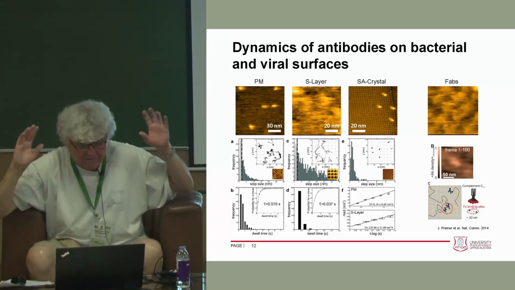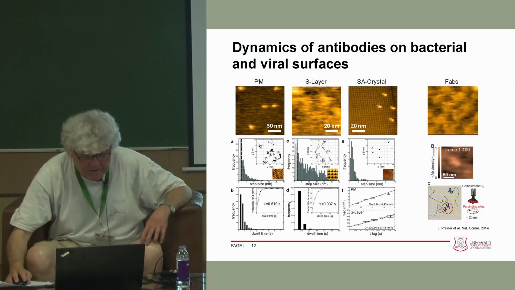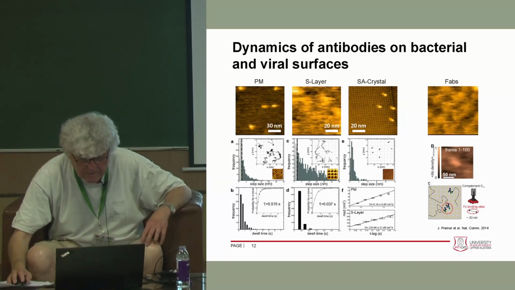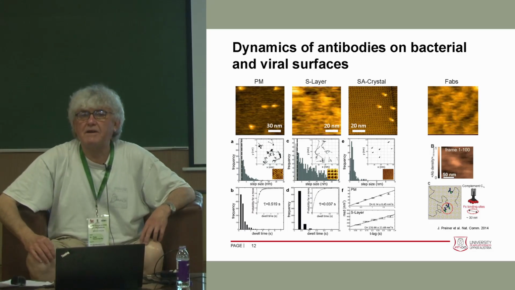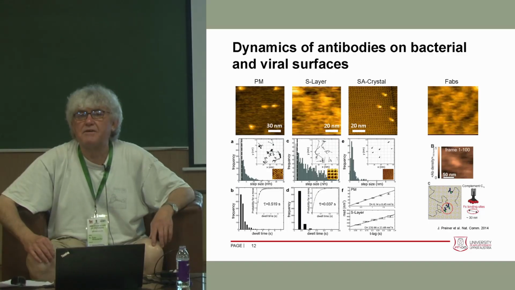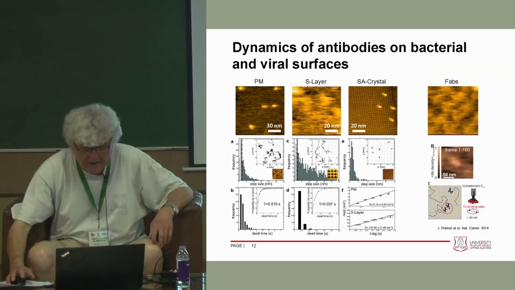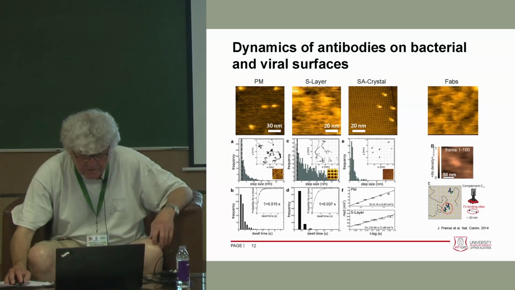But the diffusion that we see here is much smaller, because on purple membranes we have a diffusion constant of 6 square nanometers per second. Diffusion of lipids in membranes is 1 square micron per second, so much smaller. And on the S layer we have like 200 square nanometers per second.